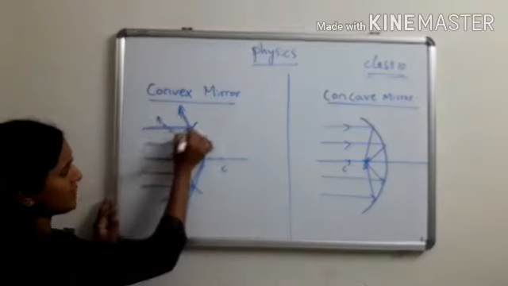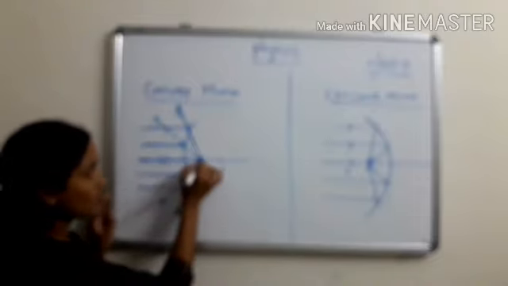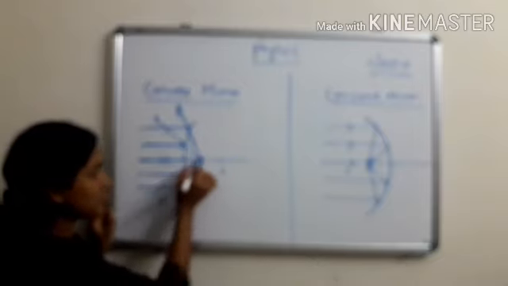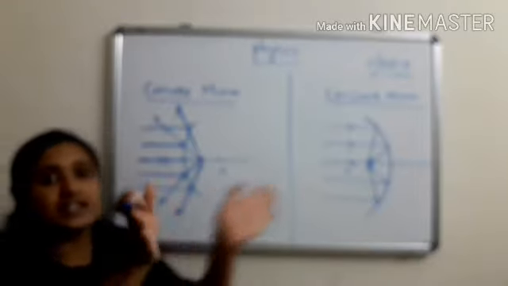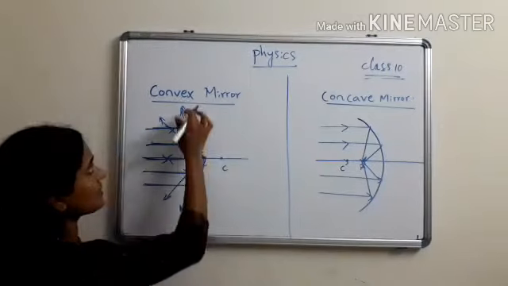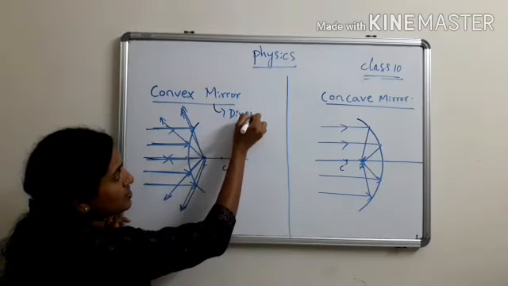When light rays fall on the spherical surface of a convex mirror, they diverge back instead of focusing on the principal focus. That means the reflection occurs in different directions, so we call the convex mirror a diverging mirror.